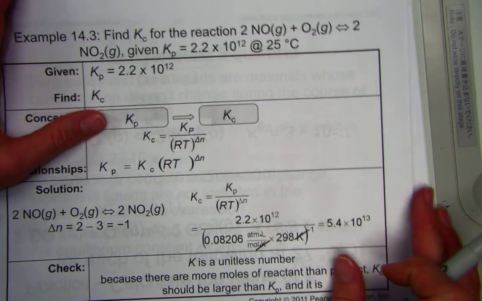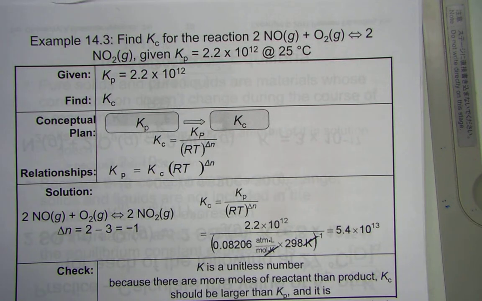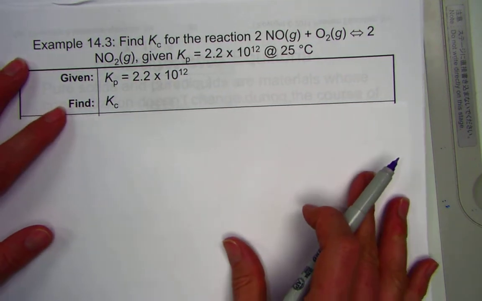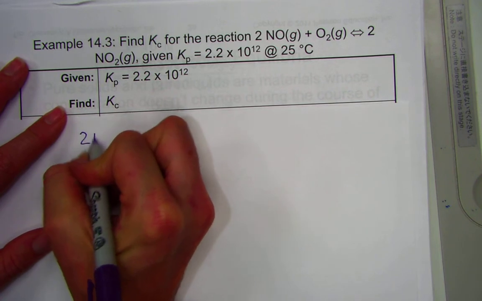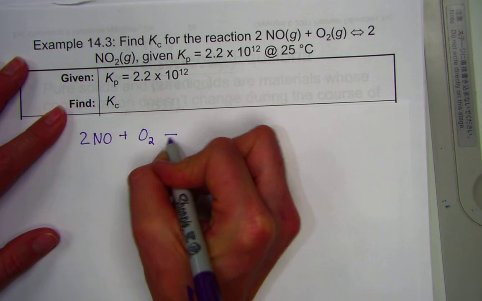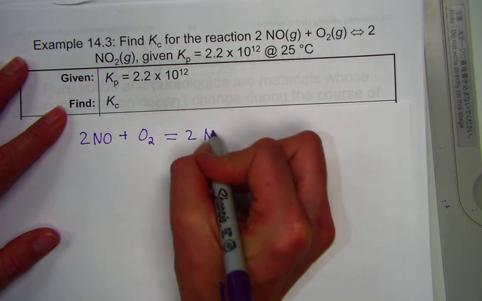Let's use it more importantly. Let's figure out, if I know Kp, we can find Kc, or vice versa. Equilibrium constants for pressure and for molarity. Here we have an equation, and I'm just going to rewrite it down here. 2 units of NO plus an oxygen is in equilibrium with 2 units of NO2.